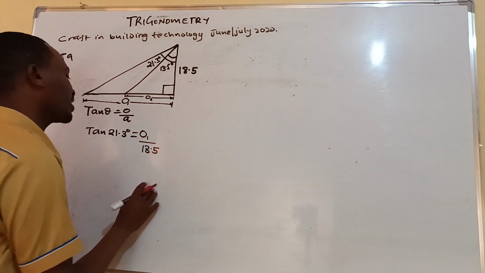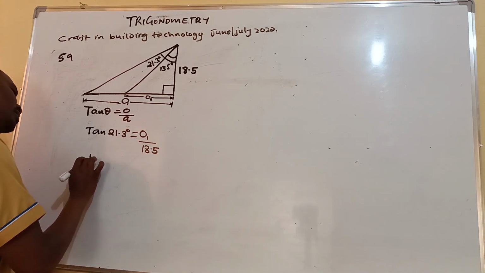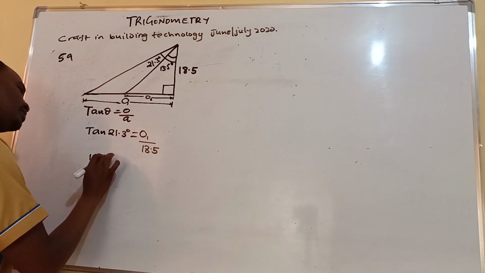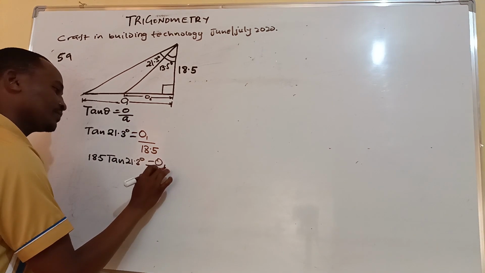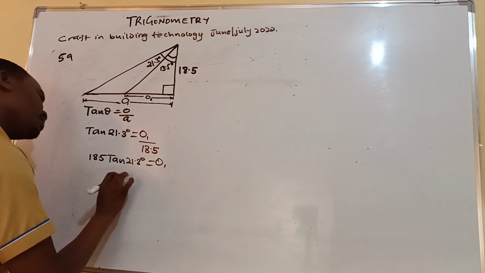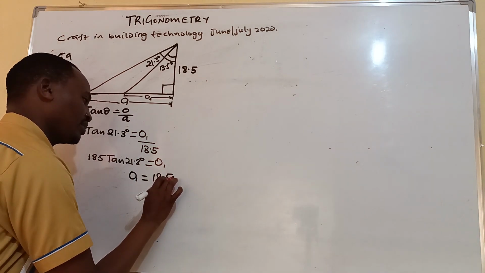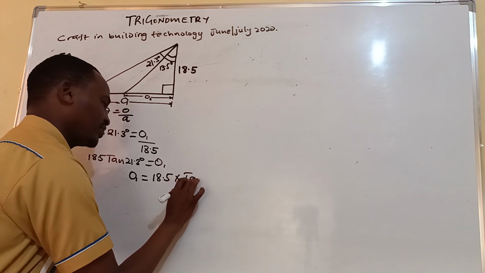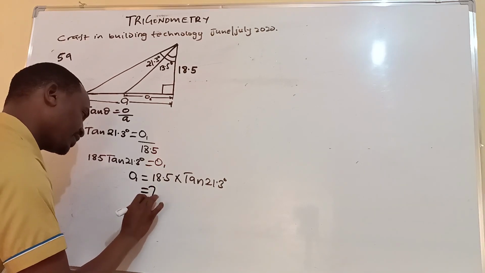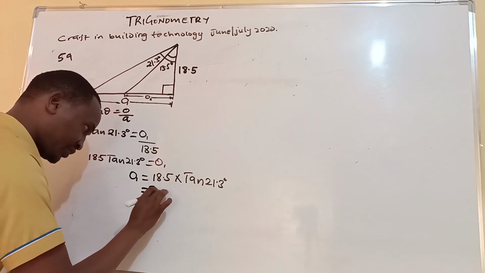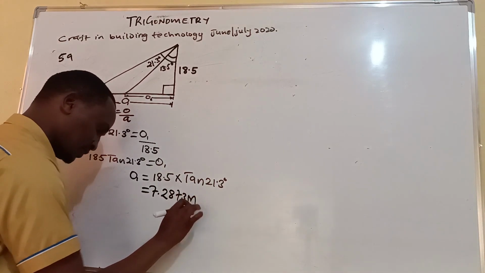meters. We are working in meters. So 18.5 tan 21.3 degrees is equal to the opposite side, or simply the opposite side is equal to 18.5 times tan of 21.3 degrees, which is the opposite side for the bigger angle, 7.2873 meters.